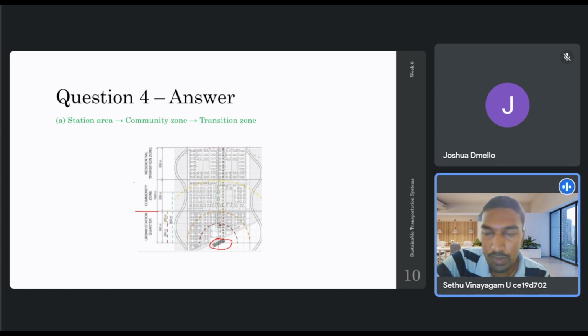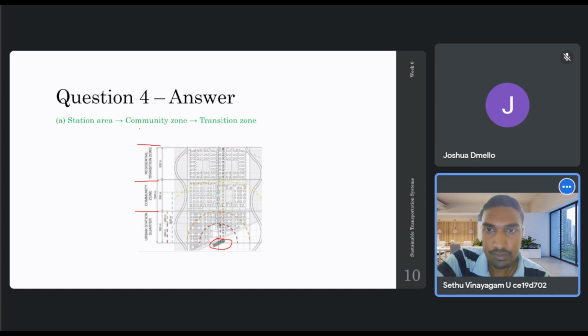Then we will be encountering the community zone, which is again between 500 to around 1000 meters, and after this 1000 meters we will be encountering the residential and the transition zone, right? So the correct order is that first it will be the station area, the area in the immediate vicinity of the station, followed by the community zone, finally the transition zone. Therefore, the right order is given in option A.